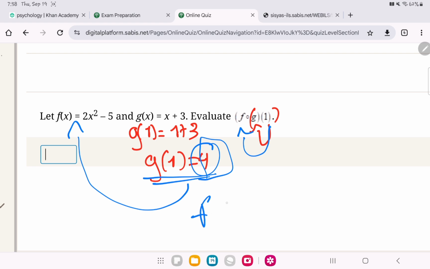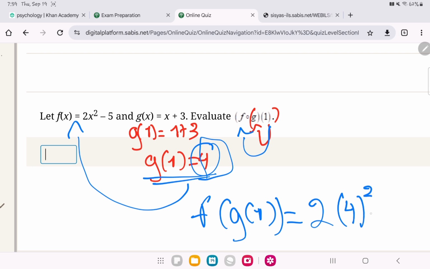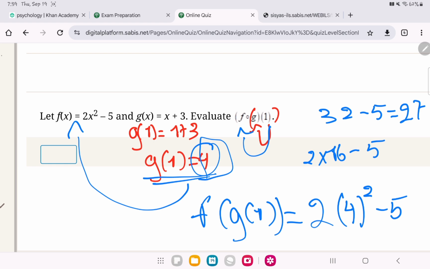So f of g of 1 is equal to 2 times 4 to the power of 2 minus 5. So 2 times 16 minus 5, so 32 minus 5, which is 27.